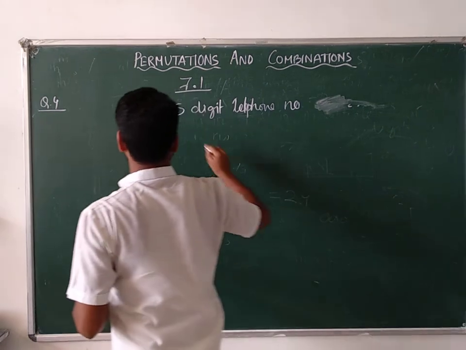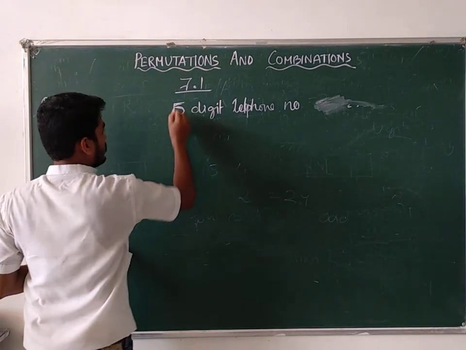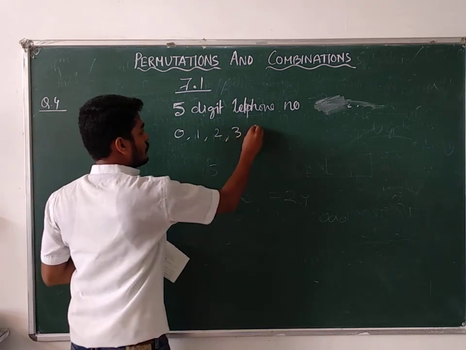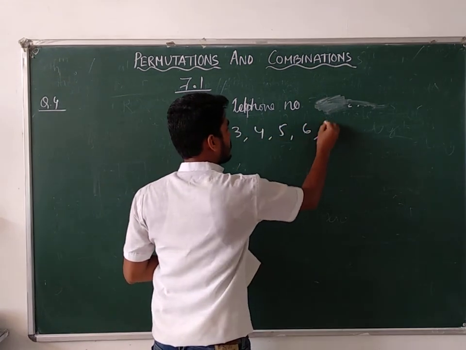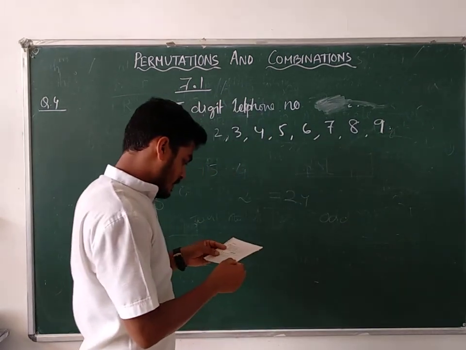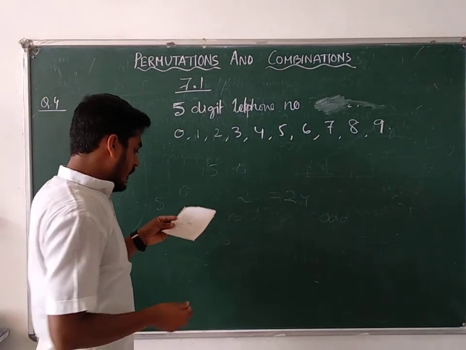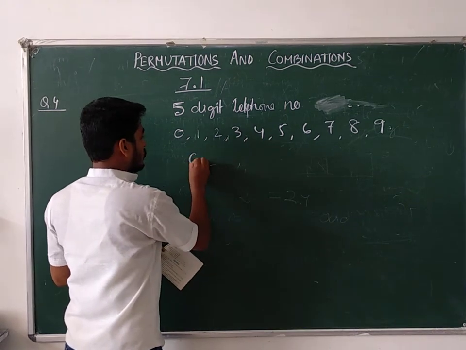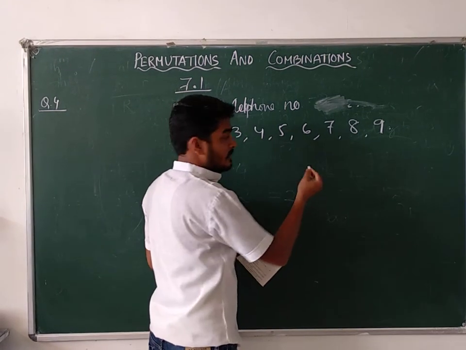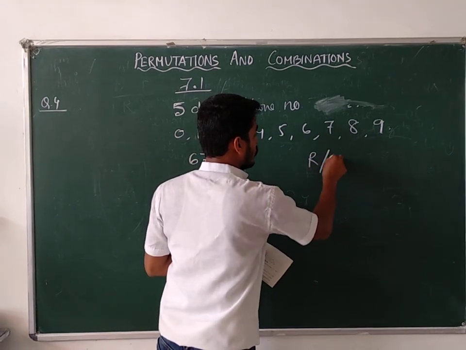The objects are 0, 1, 2, 3, 4, 5, 6, 7, 8, 9. All those numbers will start with 67 and no digit is repeated. That means repetition is not allowed.